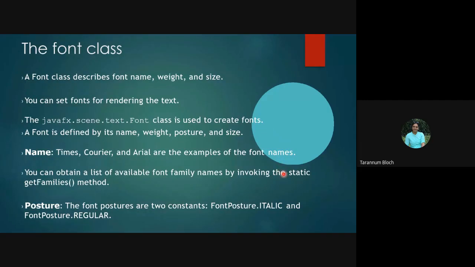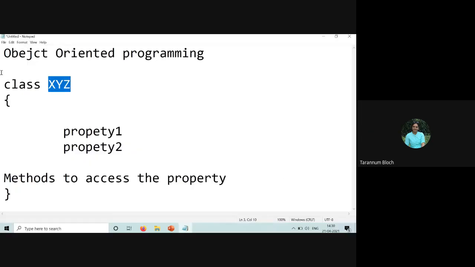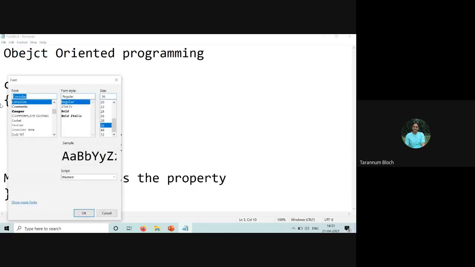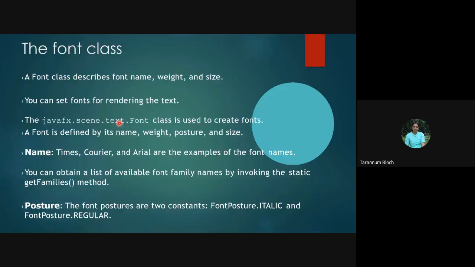Along with the Color class, we also have the Font class. What does the Font class describe? We know that each and every font has certain properties, such as you can see in Notepad, we have font family, font style, and font size, right? These are the things available with the font. So in Java, we have the Font class, which describes the font name, weight, and size.